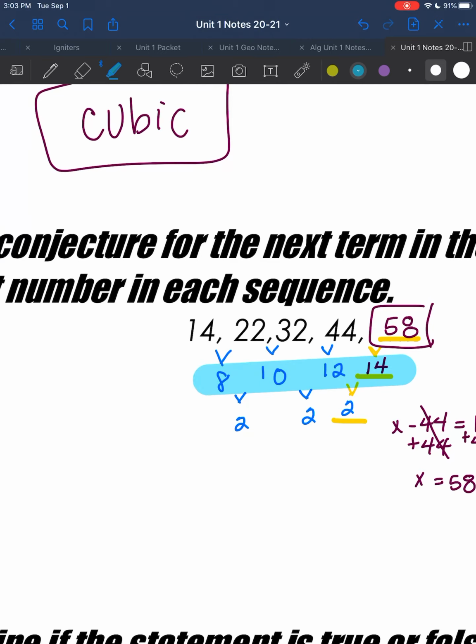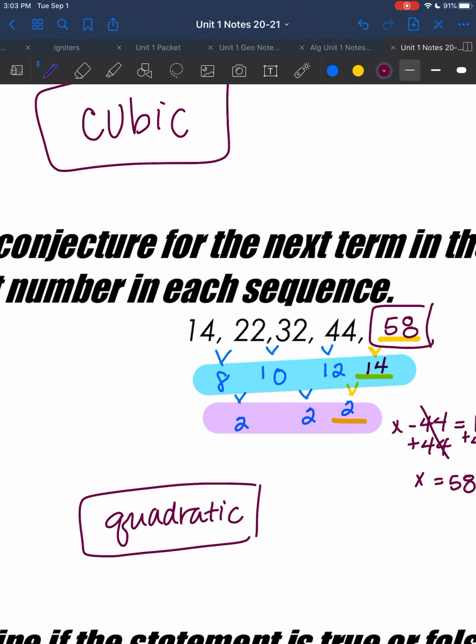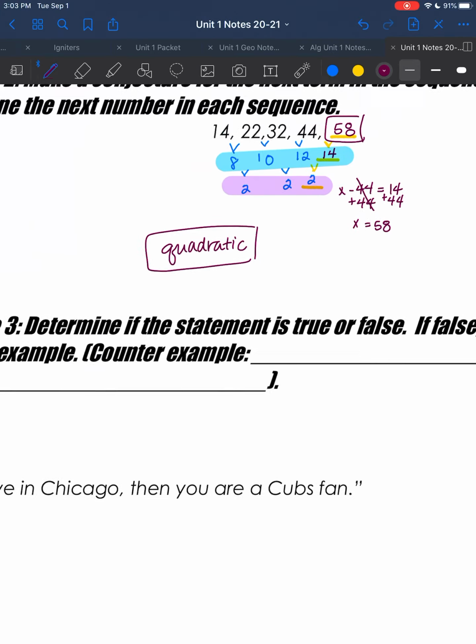If I look at the next one, here's my first difference, and then my second difference. So because they're the same at the second difference, this is a quadratic. Okay? So it's just the number of times you have to subtract. That's going to tell you if it's a linear, quadratic, or cubic.